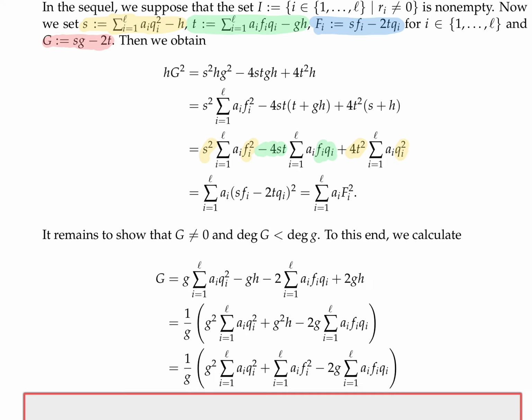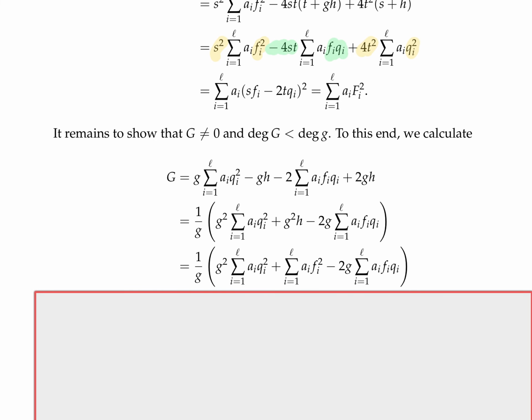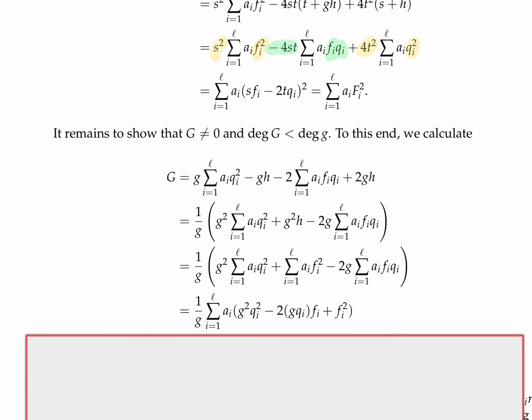And this I just write again here. And then I have that this is 1 over g times with sum. Okay, vi. So now I have everywhere again the sum over vi. And also the weight ai, it's everywhere. So I can take it out here.